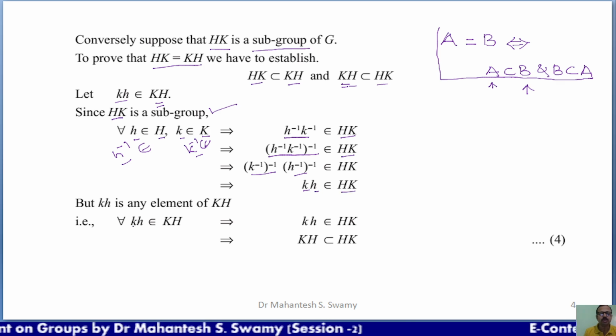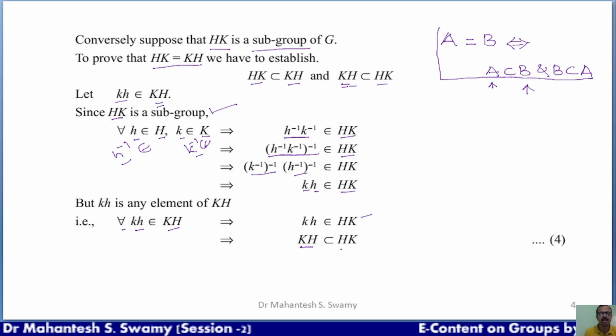Initially, we took kh as an arbitrary element of capital K, capital H. And we have now proved that kh is also an element of HK. So therefore, every element of KH is an element of HK. Therefore, KH is a subset of HK. So the first part we have proved.